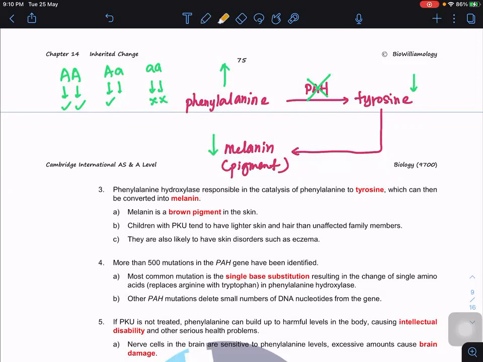So what will be the consequence here? Basically, phenylalanine hydroxylase, or PAH, is responsible for the catalysis of phenylalanine to tyrosine, which can then be converted to melanin, the brown pigment.